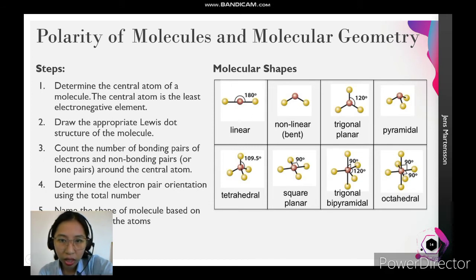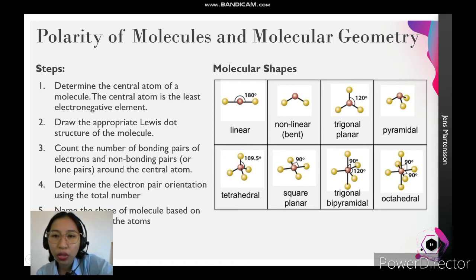One is bonded and this one is another pair of bonded electrons. That means when there are 2 bonding pairs, therefore you are going to get a linear molecular shape. Okay? How about the non-linear bent? In non-linear bent, kasagaran naay duha ka bonded pairs and naay lone pair, duha ka electrons nga wala ka-share or wala ka-bond.